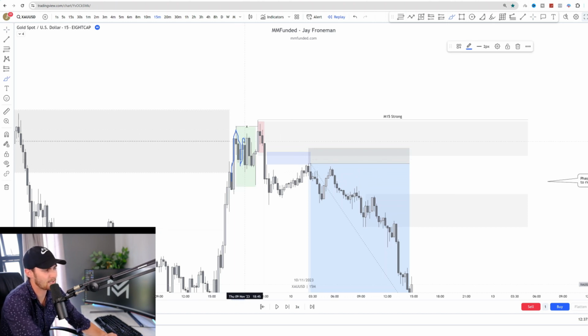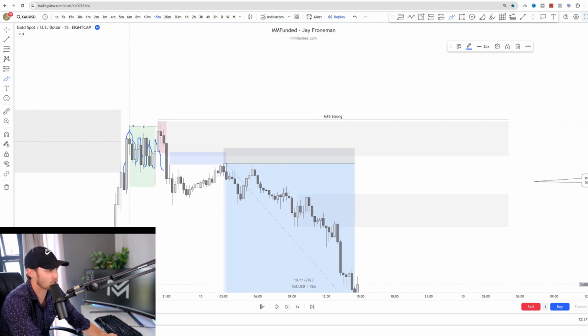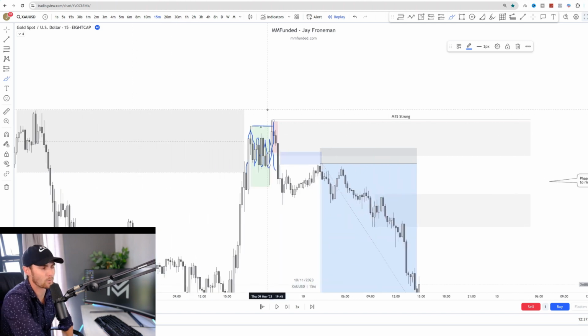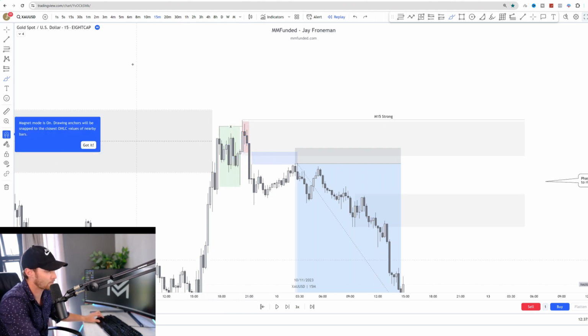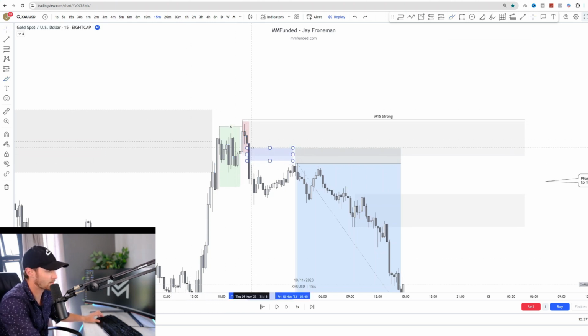And ideally as a plus, if it ranges, then what you want to see is a sweep of that high, which acts as a sweep zone. I sometimes like to call that a fake change of character. Then print the true displacement with the market structure shift and fair value gap as your entry confirmation. Okay, so we had this gap form over here.